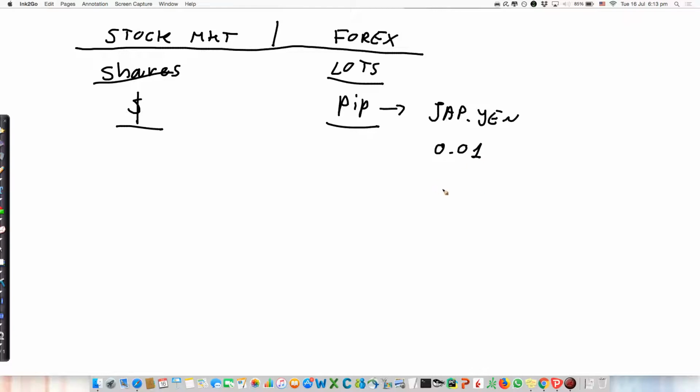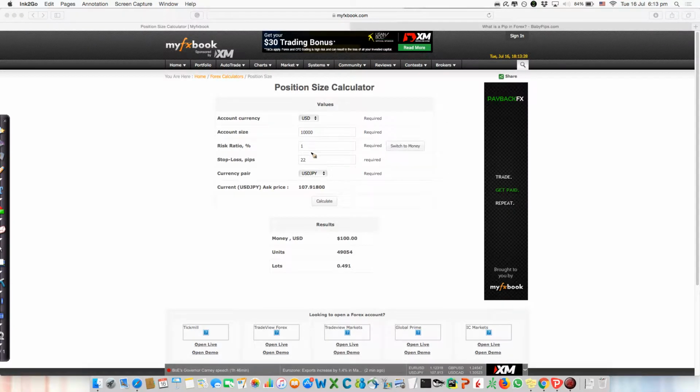For the others, it is 0.0001. And if we want to compute the position sizing, we can just go to the website here, put in all the information, and then we will know how many lots to buy without worrying about how this is computed.